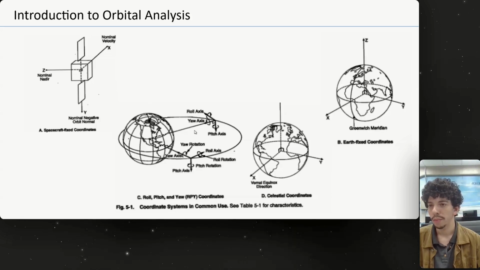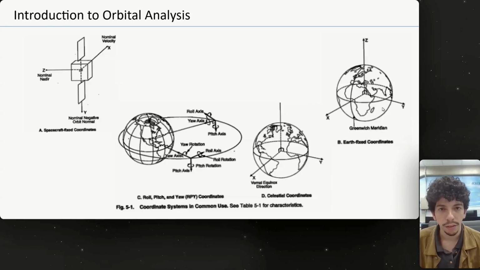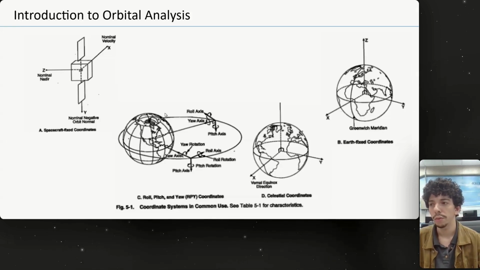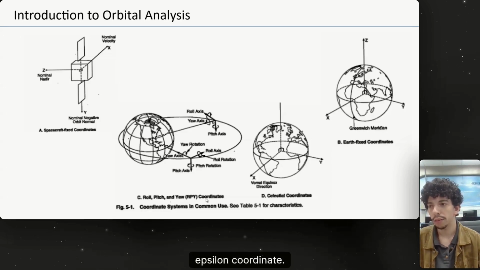In the next figure, we have a Greenwich meridian or Earth fixed coordinate system, okay? And too, in this case, we have a roll, pitch, and yaw, RPY coordinate system.